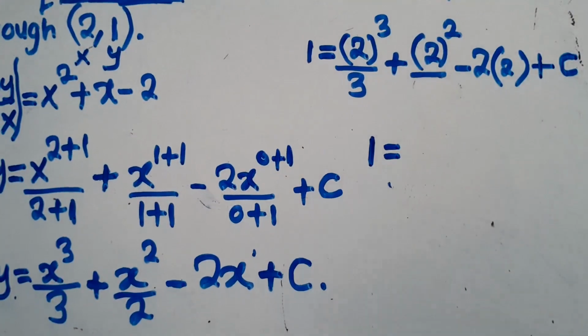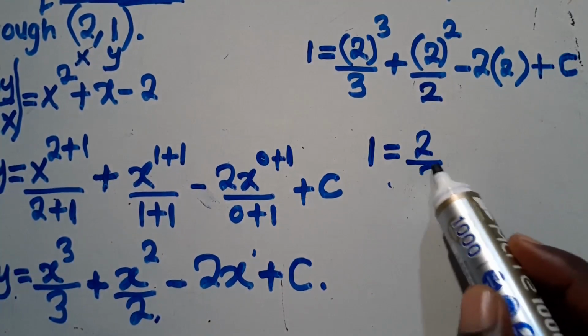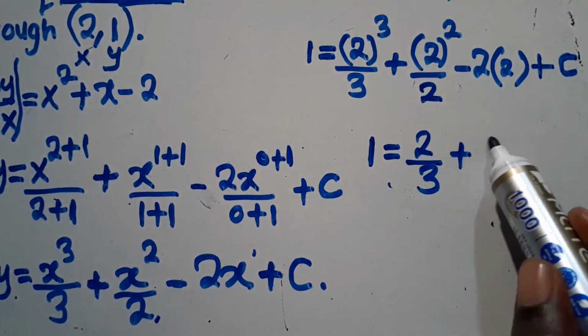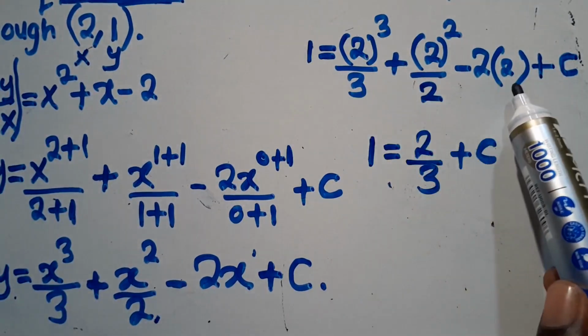Sorry, this is a 2. Hope you are able to see this is a 2. Over 2 minus 2 multiplied by 2. What answer are we getting? I'm getting 2 over 3. Then plus c. So I just punched everything on the calculator.